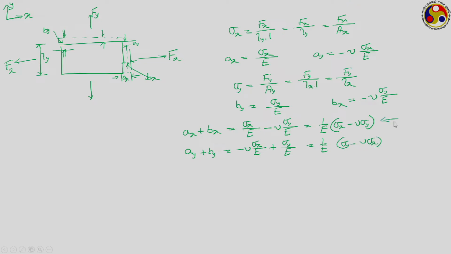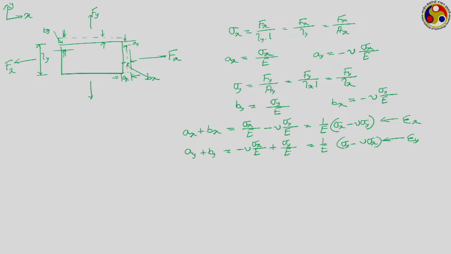So, what is this then? This is the net change in length in the x direction, or this one can then be related to the epsilon x, the net strain in the x direction because of both the forces. Similarly, this is epsilon y, the net change in length or net strain I should say in the y direction because of both the forces.